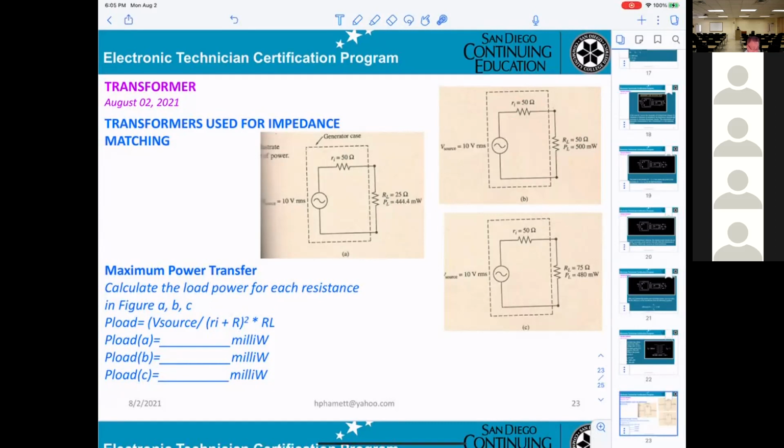The formula to calculate the load power equals V divided by Ri plus RL, squared, times RL. That's supposed to be RL. Now you do it for A, B, and C to see how many watts you get, and let me know.